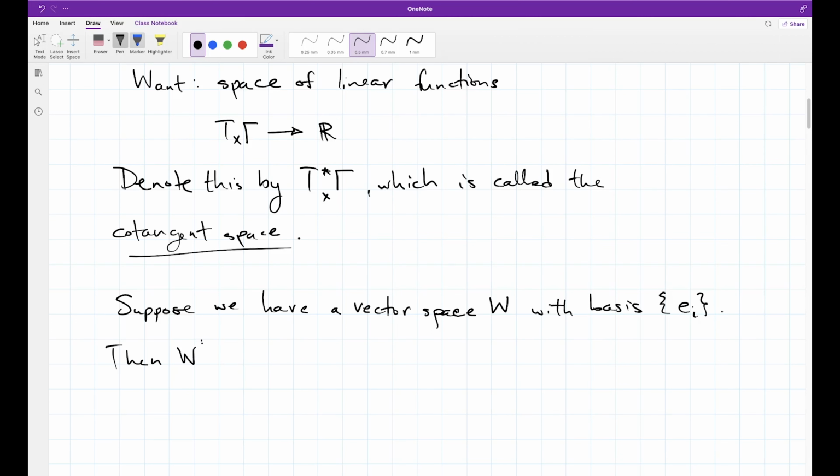Then W star, the space of dual vectors, has a basis which we often denote E super j, and it satisfies the following. E super j of E sub i, again, we're going to use square brackets for this natural action, but you can just think of this as a row vector multiplying a column vector, is equal to the Kronecker delta i j. Good.